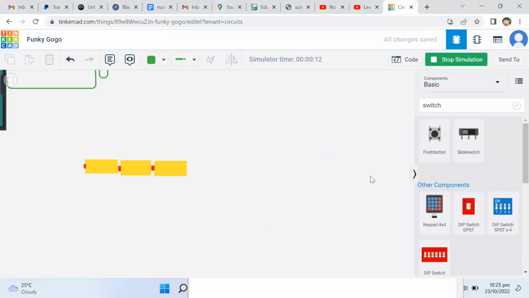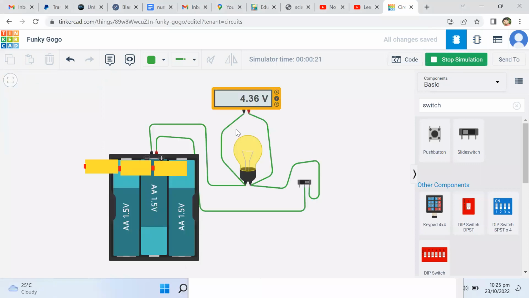So actually speaking, the brightness of the bulb should increase when you increase the number of batteries. The voltage increases. Sometimes it exceeds the bulb voltage, and the bulb can burn. So for an example, if you try to connect an LED bulb to this setup, the bulb may burn, right?